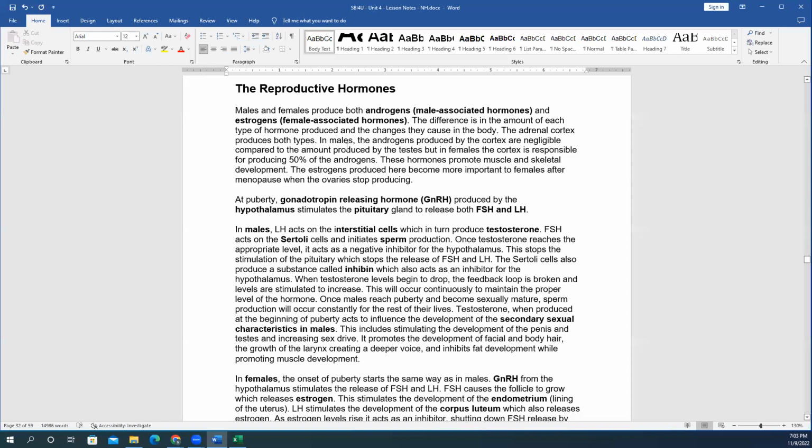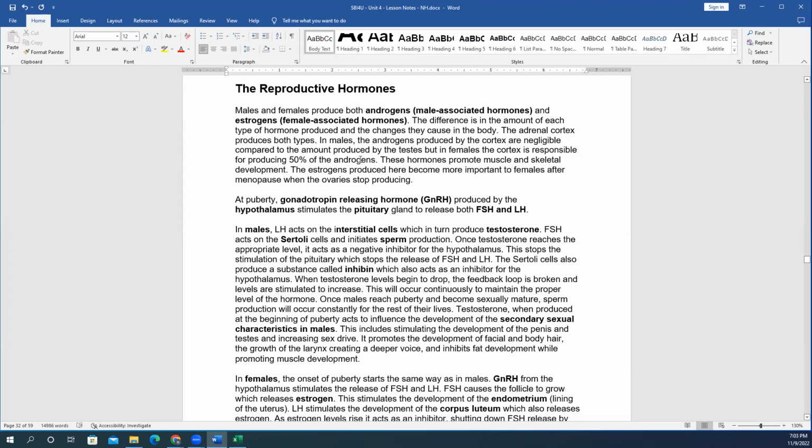Both of these types of hormones, the male-associated hormones and the female-associated hormones, are produced by the adrenal cortex. In males, the androgens produced by the cortex are quite negligible compared to the amount that is produced by the testes.